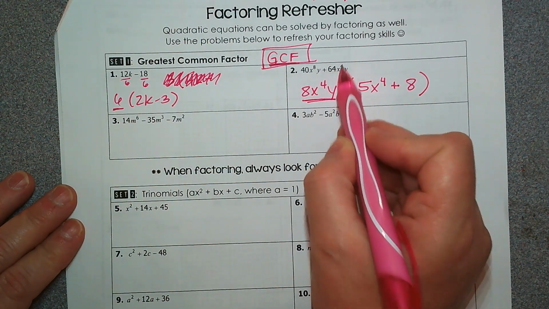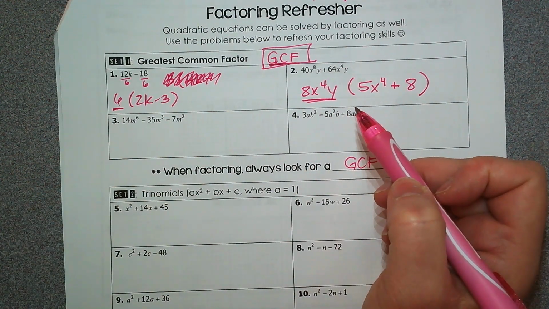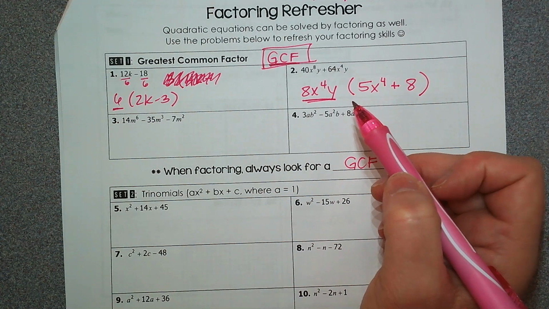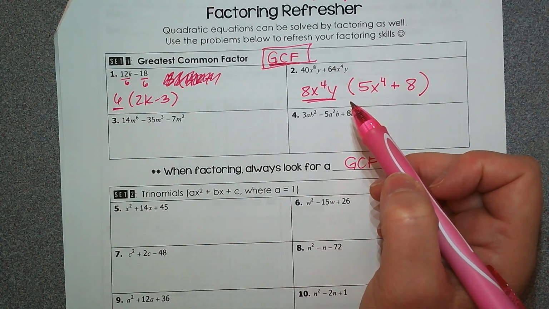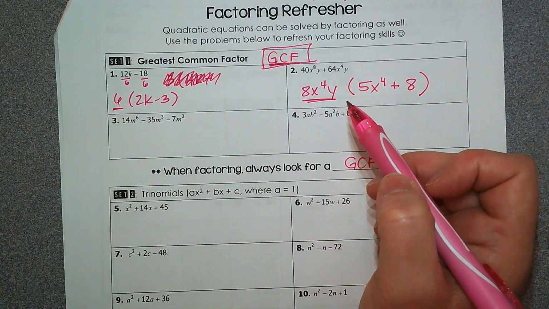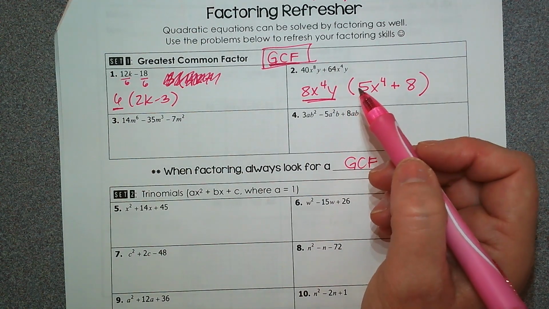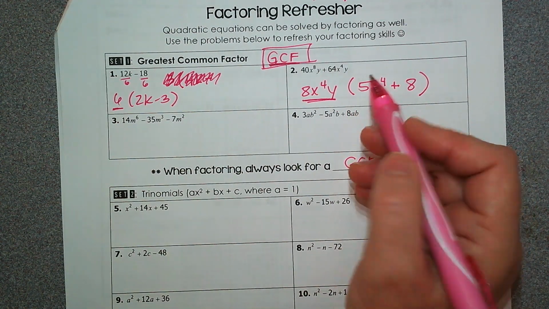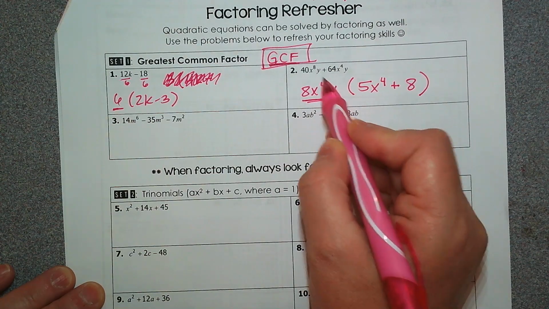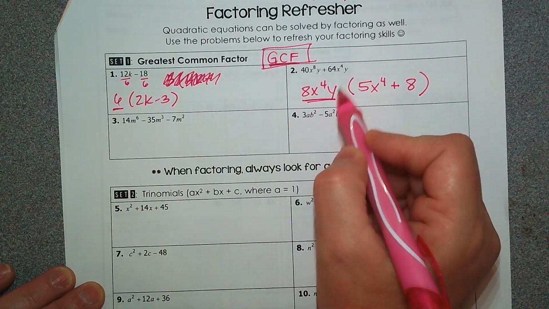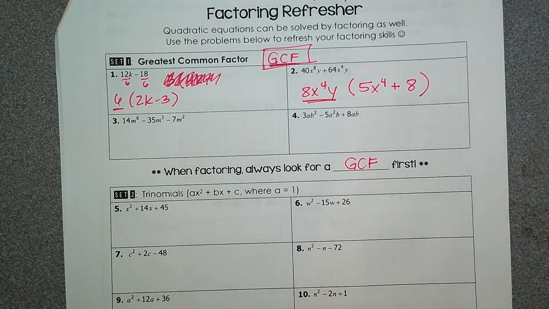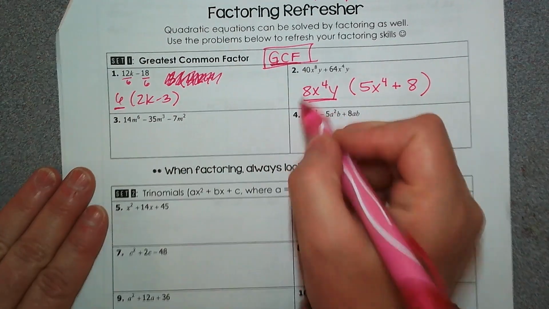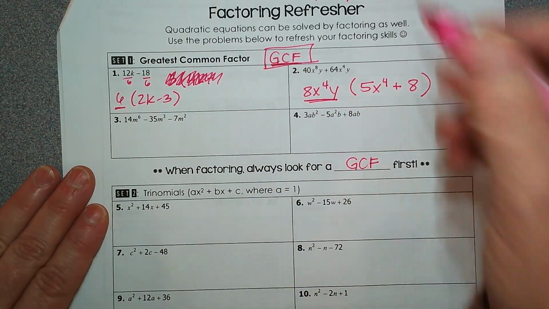Use the lowest exponent, because I can't divide x to the 8th out of x to the 4th, but I can divide x to the 4th out of x to the 8th. So you're going to use the lower exponent. And then you have a y to the first, y to the first, so just use that y to the first. You're dividing both terms by 8x to the 4th y.